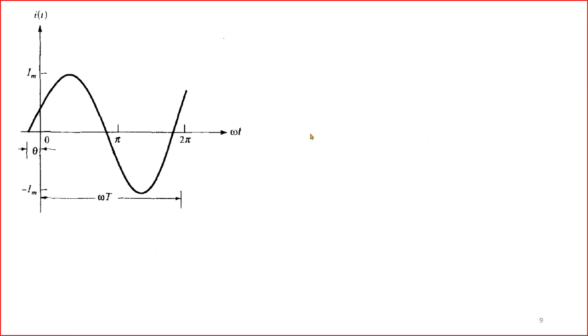Now we'll see, coming to the AC circuit analysis. What you are seeing here is a sinusoidal signal, right? If I write the equation for this, what will be the equation?